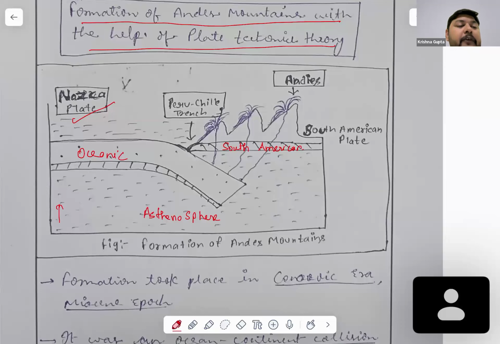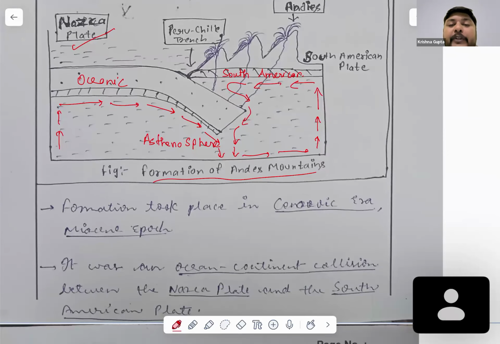And here we have a convergent motion. So we also need to specify these things in the diagrams. Okay, so this is very important.